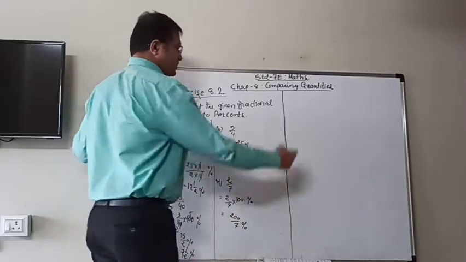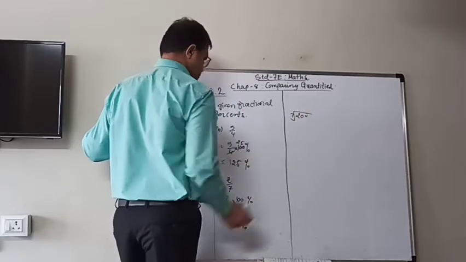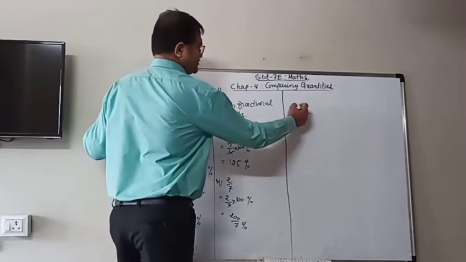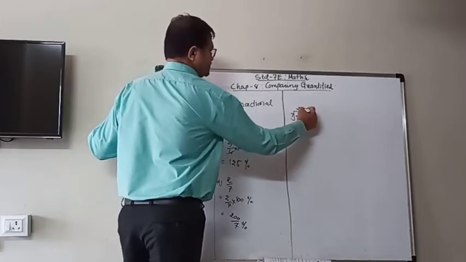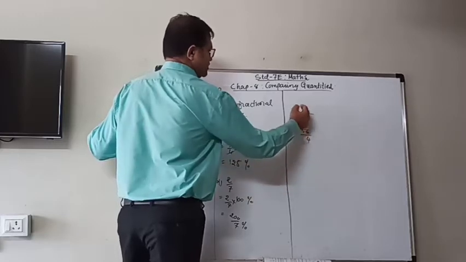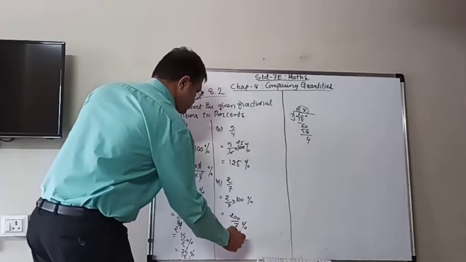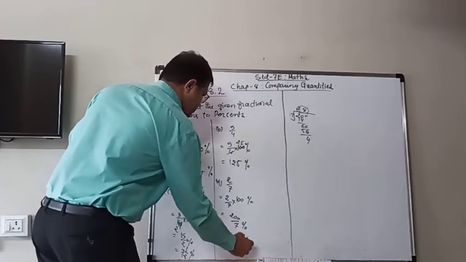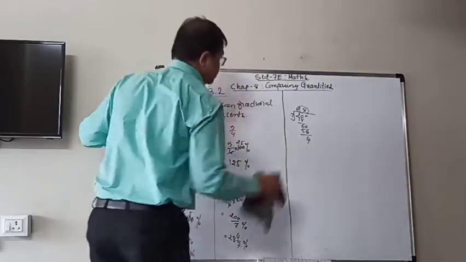Now it is an improper fraction, so we will divide it to get a mixed fraction. 7 2s are 14, 7 8s are 56. So 28 integer 4 upon 7. Answer is 28 integer 4/7%.